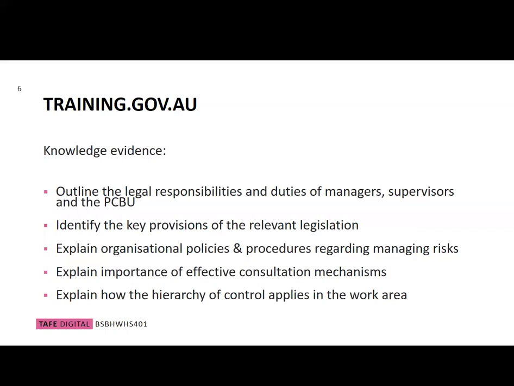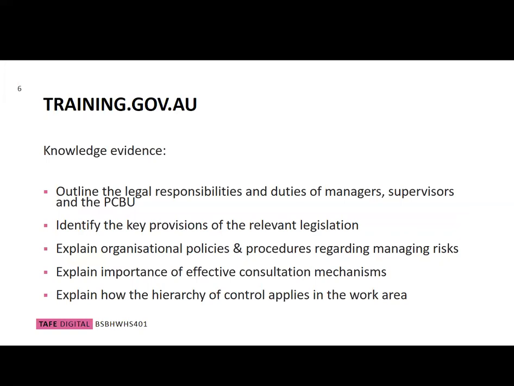You need to be able to explain what your organisational policies and procedures state regarding managing risks in the workplace, the importance of effective consultation, and how the hierarchy of control applies in the work area. So that's a mechanism or a tool that is used in identifying appropriate controls to manage risks where those risks are not able to be eliminated.